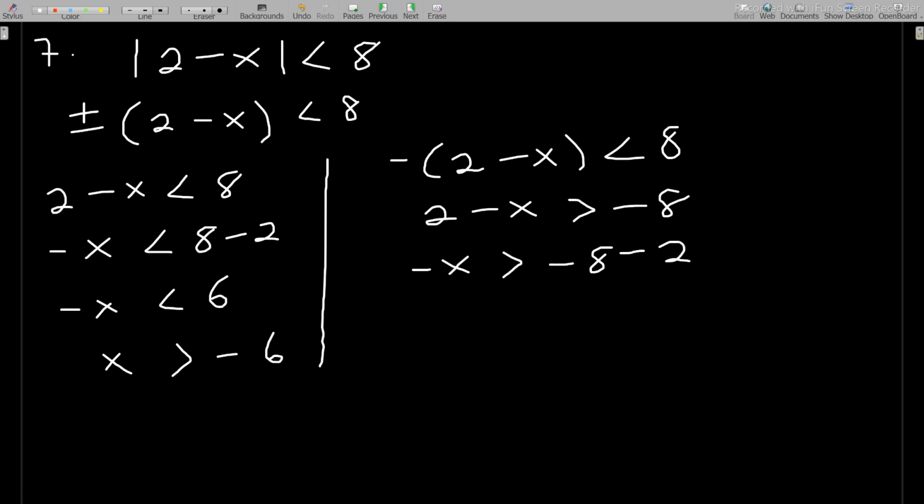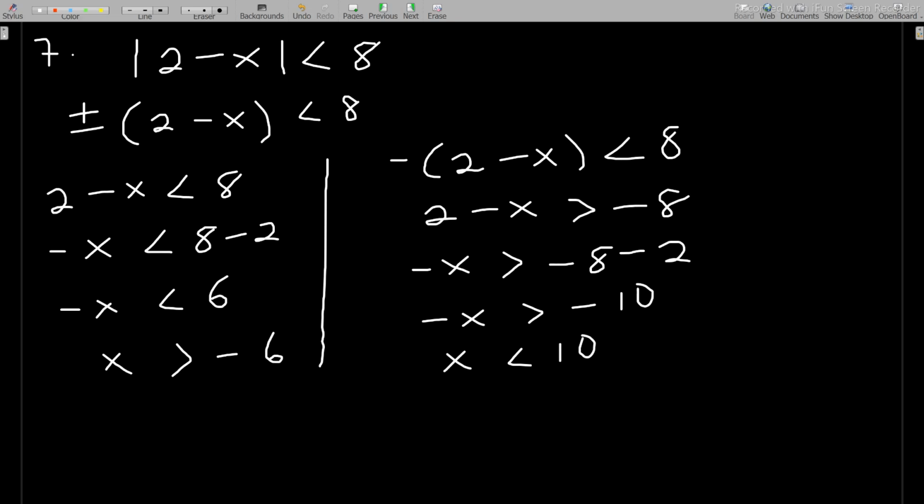So negative x greater than negative 10. So I have x is less than 10 because I'll divide through by negative 1 to get x, and it has to also change the sign as well.